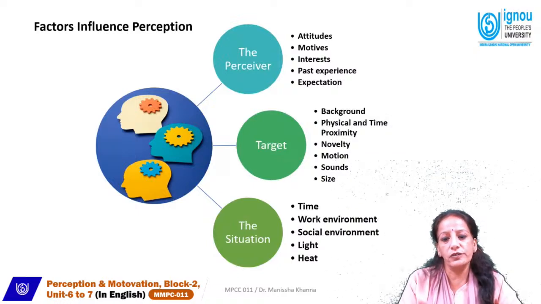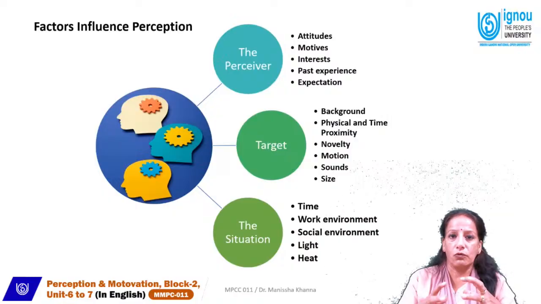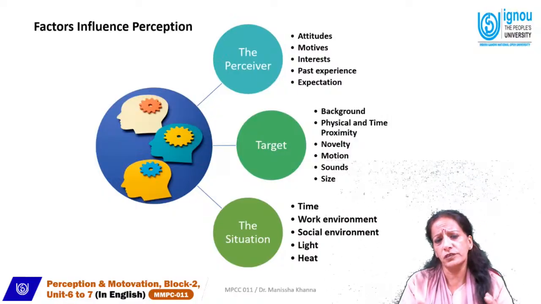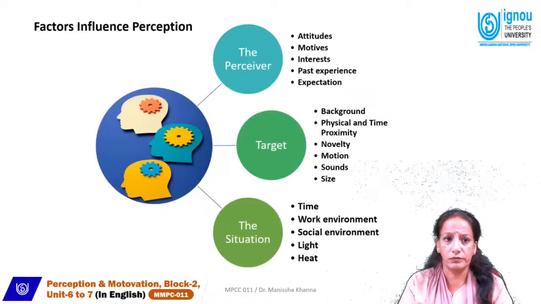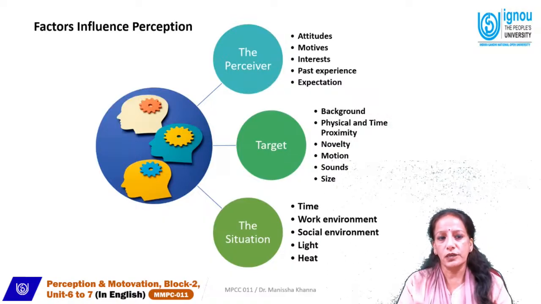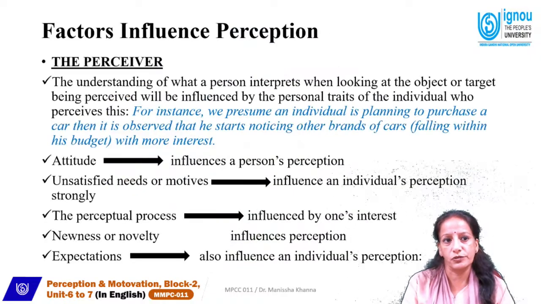The situation refers to the time, the work environment, the social environment, light or heat. That is, what the atmosphere was, what the situation was, and what the time was when that particular object is perceived. So these are the three major things which influence perception.